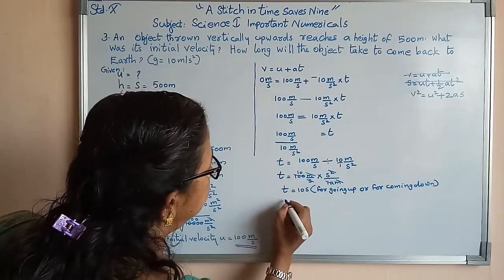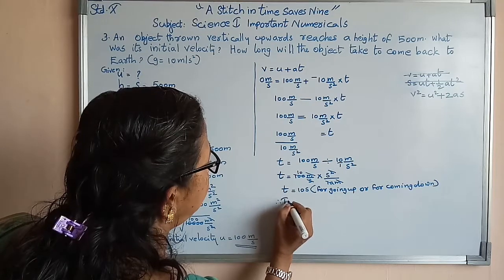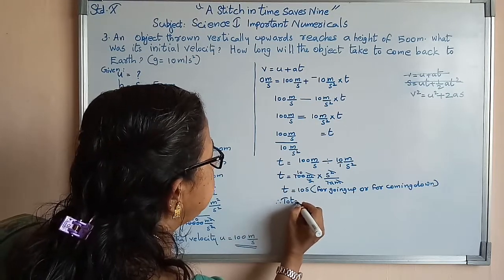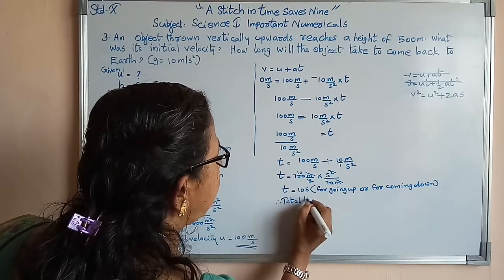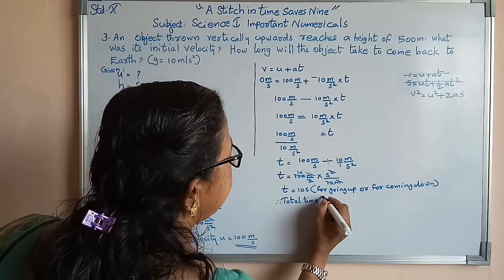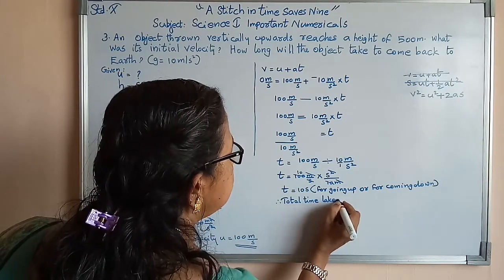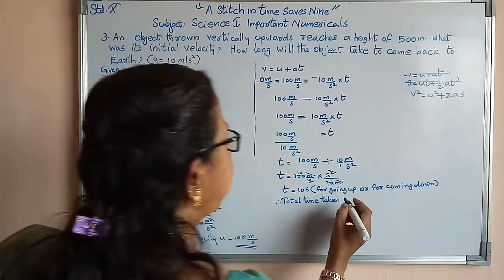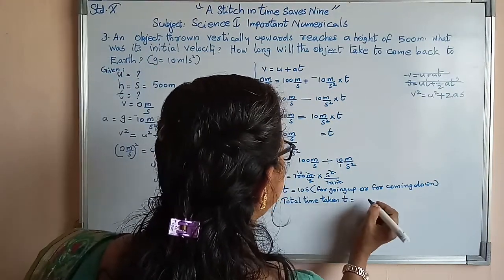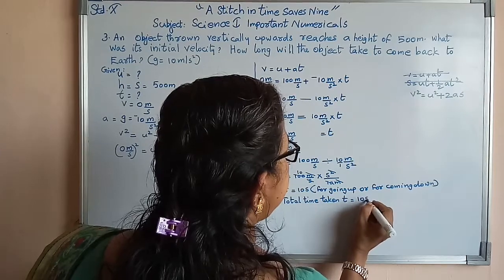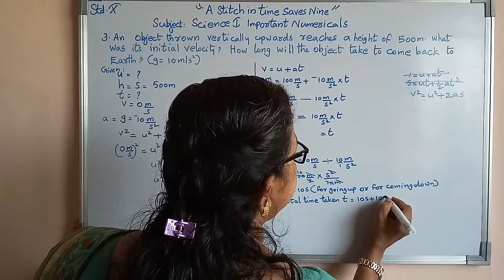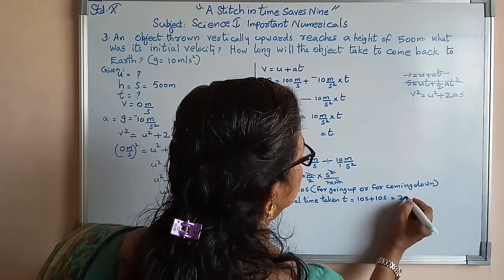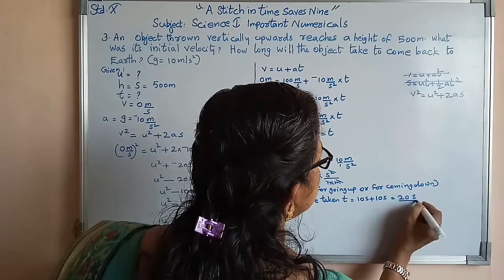Now we are finding the total time taken by the object for going up and down combined together. We can write T is equal to 10 seconds plus 10 seconds, that is equal to 20 seconds.